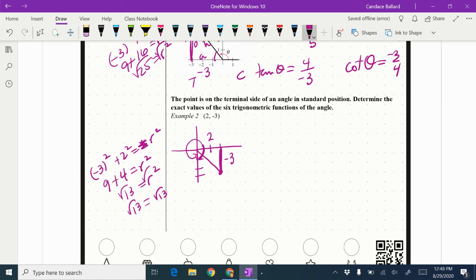So r equals the square root of 13. Again, I would probably write on there that this is the opposite, this is the adjacent, and this is the hypotenuse. Probably drew it way too small. So I'm going to find the sine, the cosine, the tangent, the cosecant, the secant, and the cotangent.